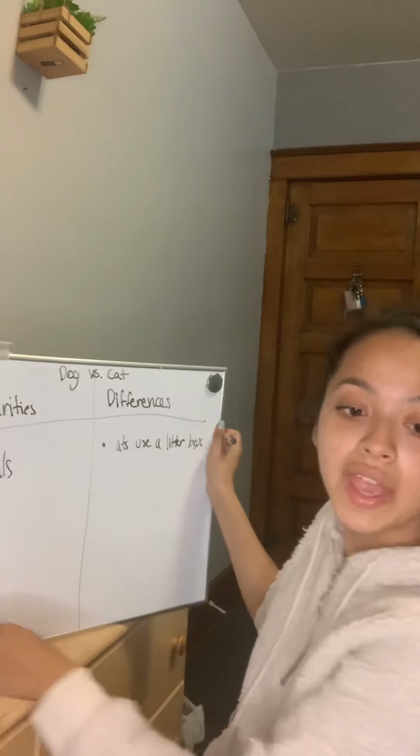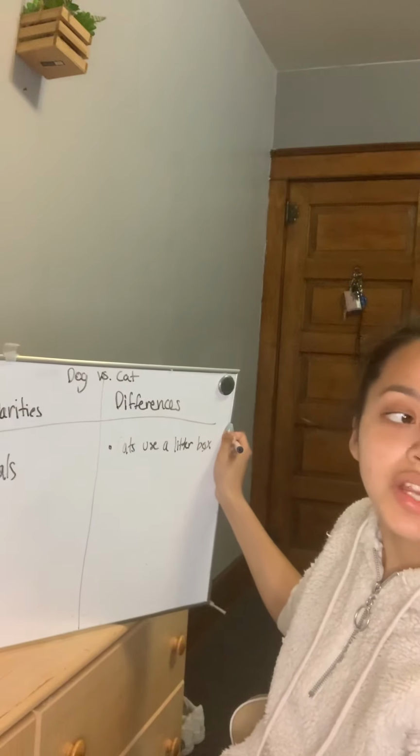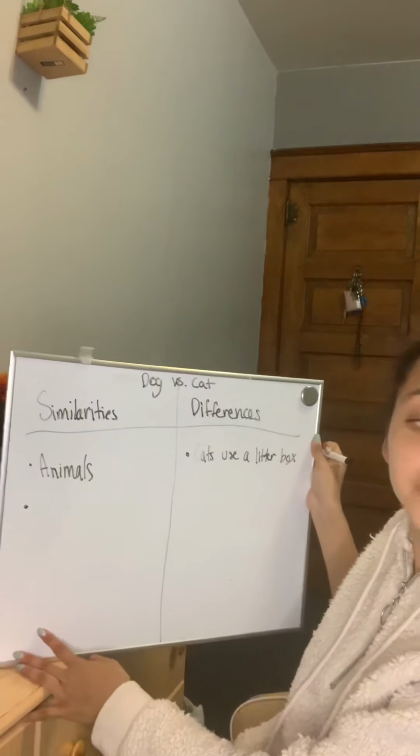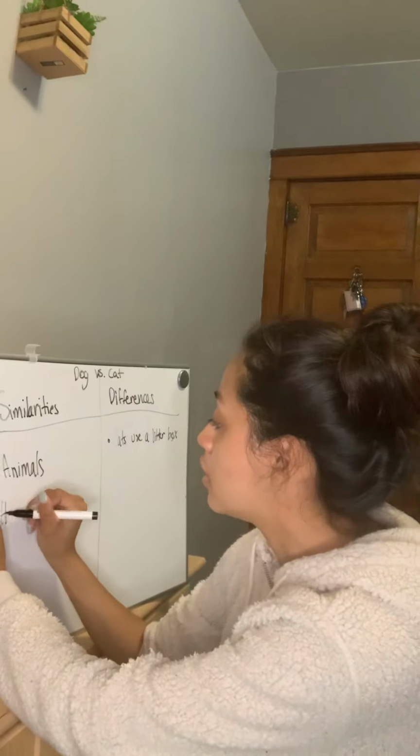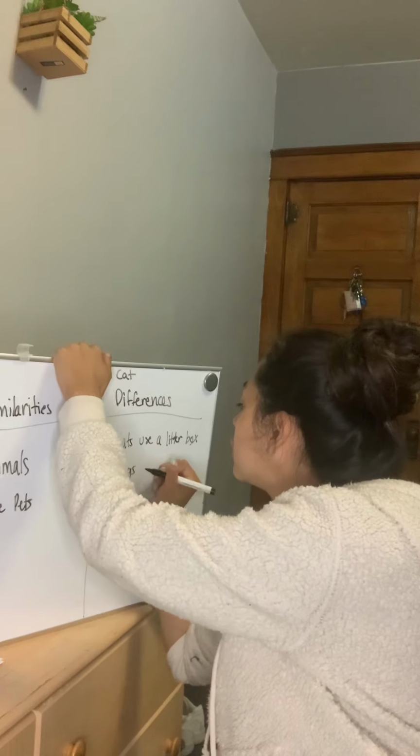Great job. And now, what's another similarity? Samantha? Okay, they are house pets. That's a good one. Good job. House pets. What's a difference, Kyle? Dogs can bark. Good job. Dogs can bark.